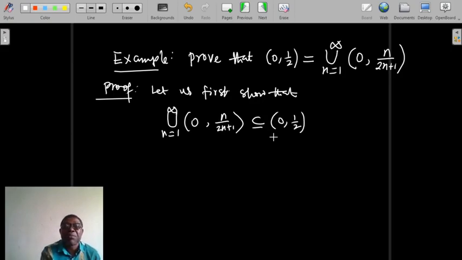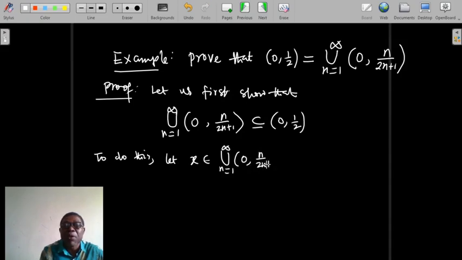So to do this, let x be in the union n equals 1 to infinity of (0, n over 2n plus 1). Let x be this. So we show that x belongs to (0, half).